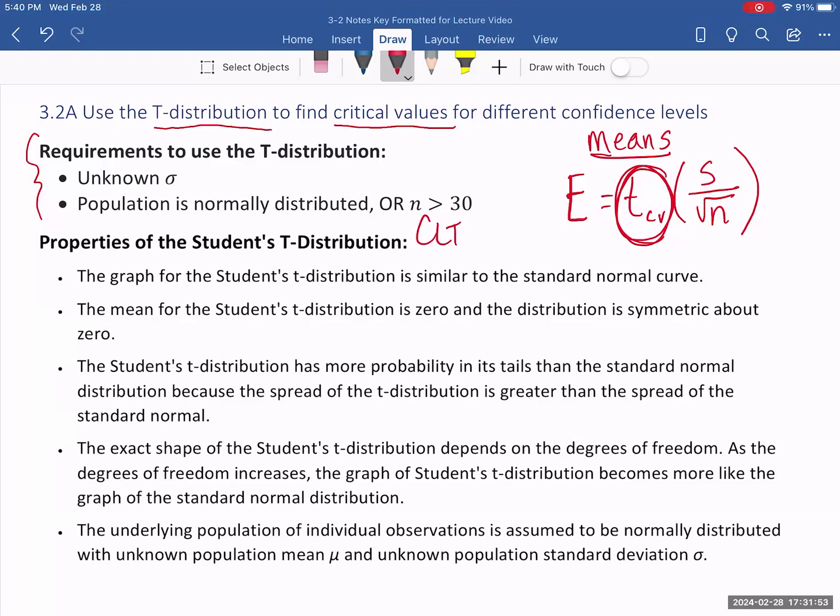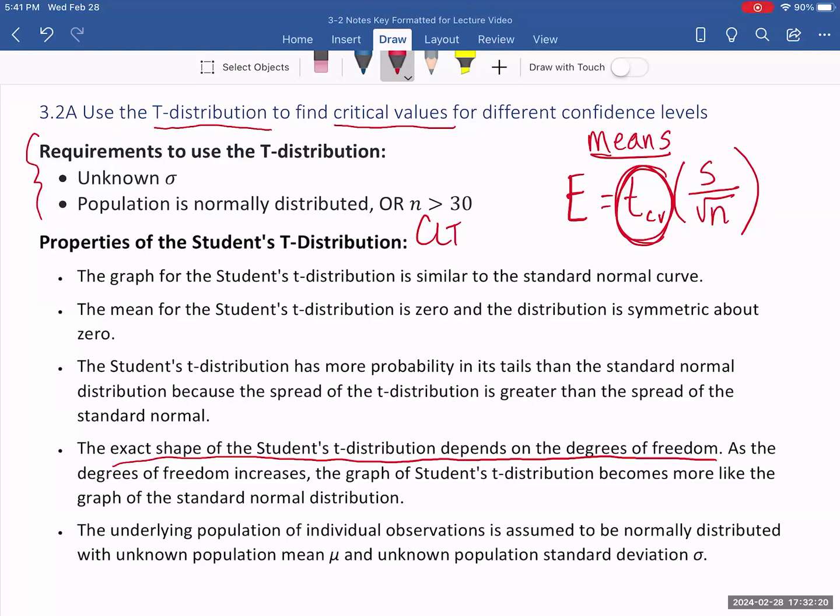I'm not going to read through these properties of the student T distribution. You can look through that, but I will point out the exact shape of the student T distribution depends on the degrees of freedom. As the degrees of freedom increases, the graph looks more and more like a standard normal distribution.